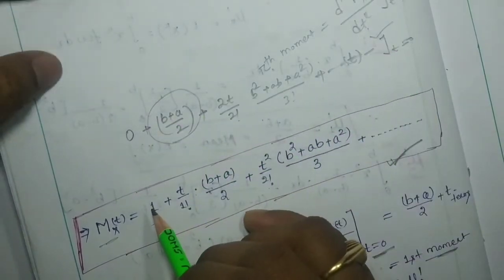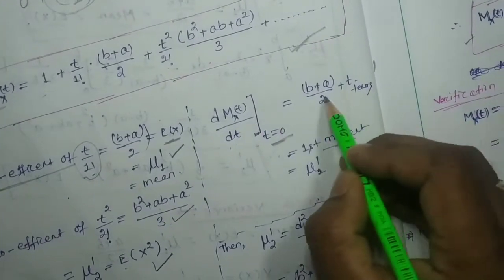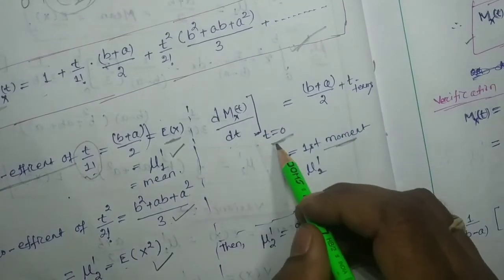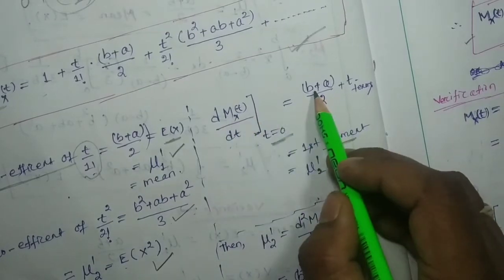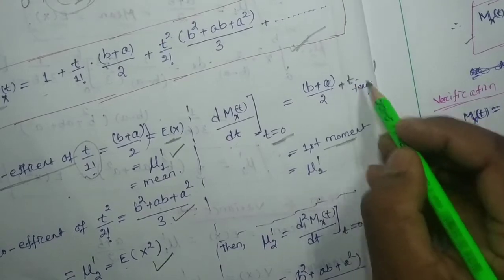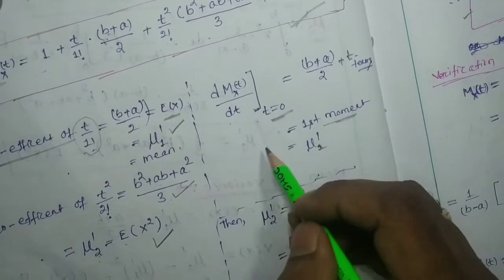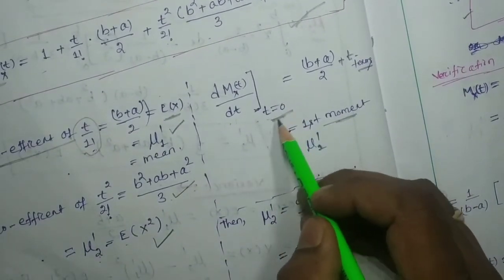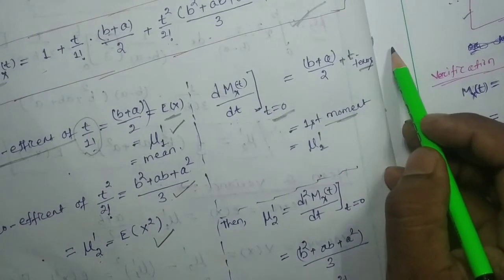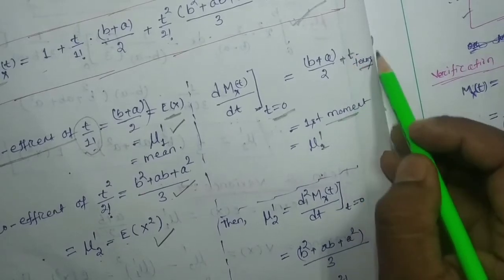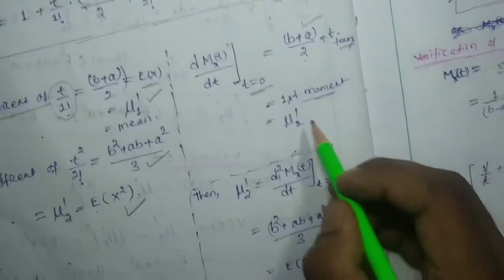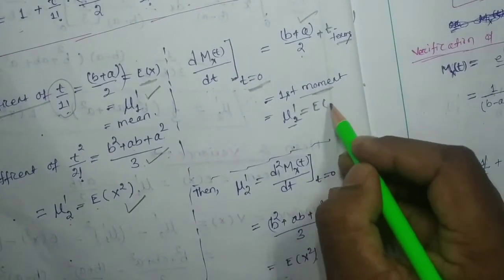So here I have written that first derivative of mxt with respect to t at t equal to 0 is nothing but b plus a by 2, then plus t terms. If we consider t equal to 0, then these terms are going to be 0, and finally we find b plus a by 2, that is your first moment or expectation of x, right?